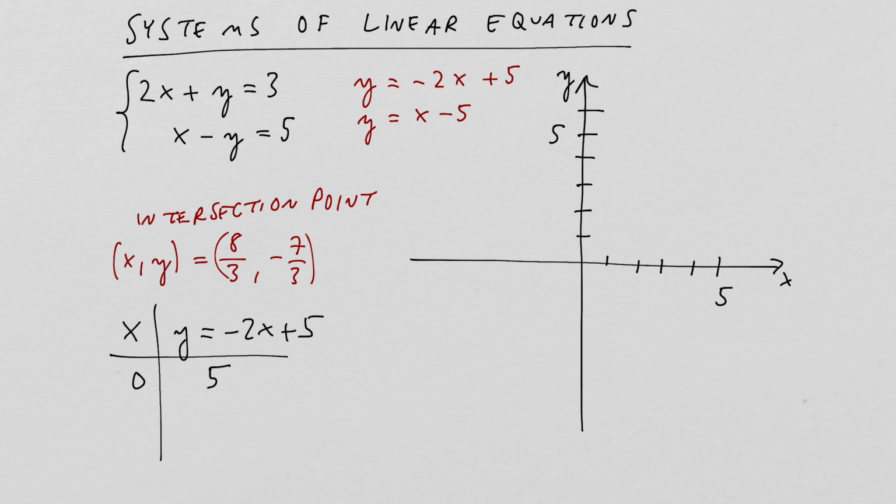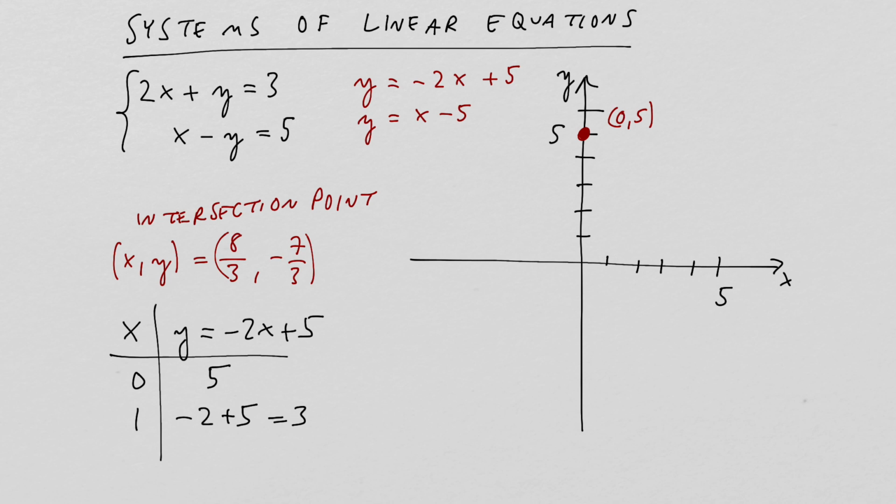So we can draw the point 0, 5 into the picture. Then in our table, if x is equal to 1, y is equal to minus 2 plus 5, that is 3.